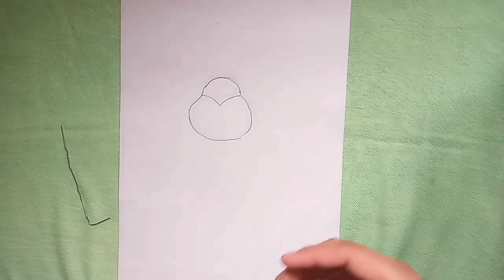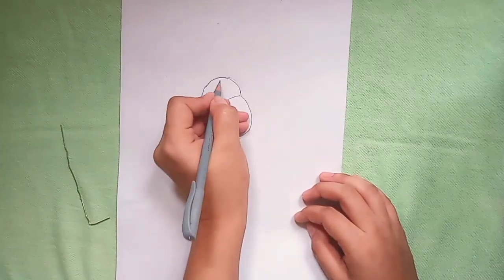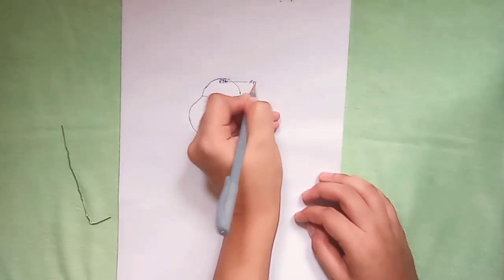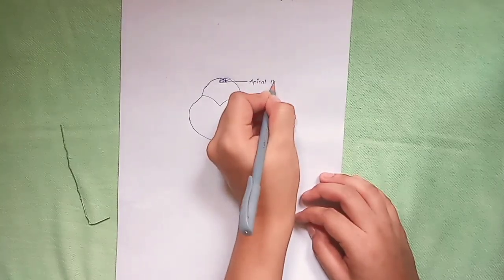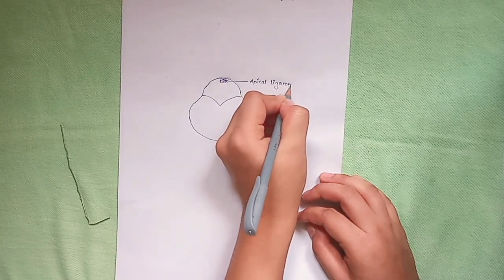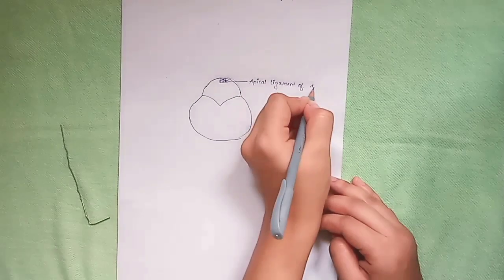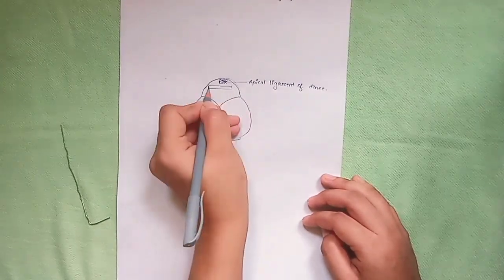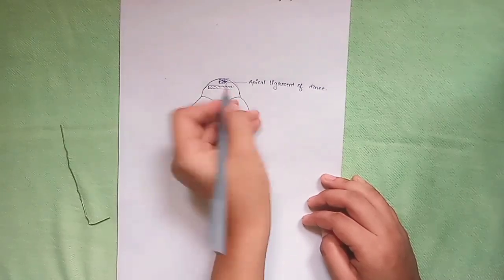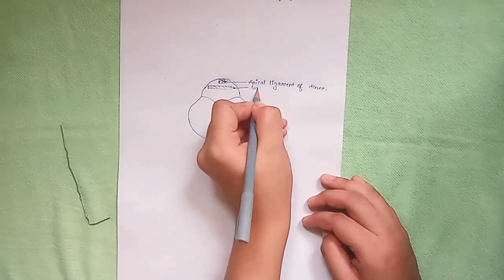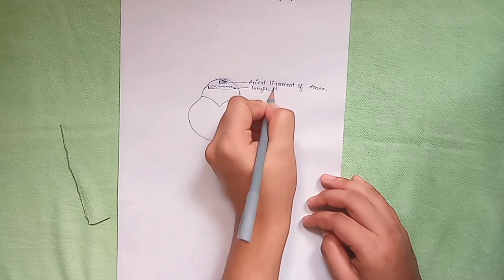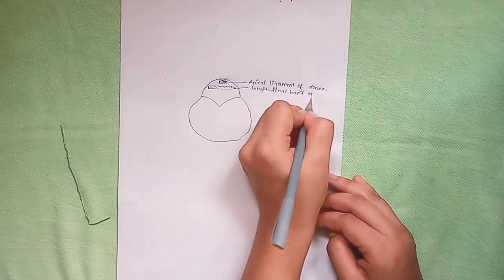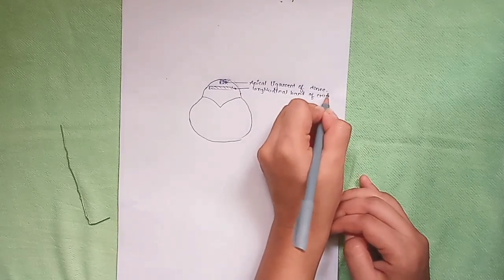It consists of attachment of 3 ligaments. First of all, there is the apical ligament of dens, and then there is a band of ligament which is called the longitudinal band of cruciform ligament.